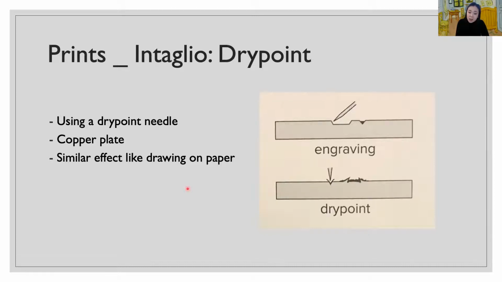And as the needle scratches across the plate, it raises a burr or thin ridge of metal. If left in place, the burr will hold ink along with the incised line, producing a soft, slightly burred line when printed.